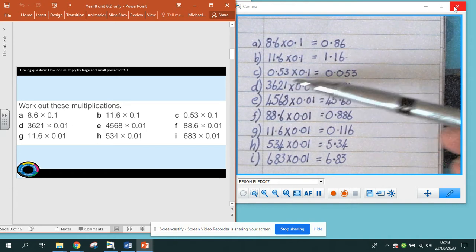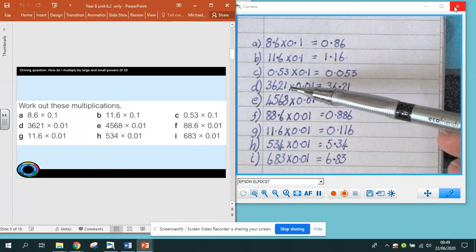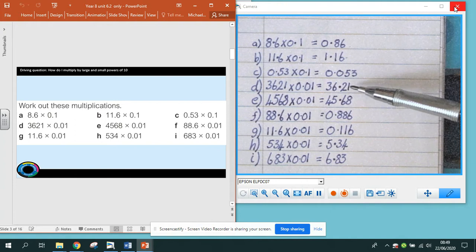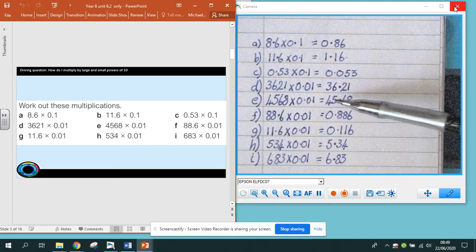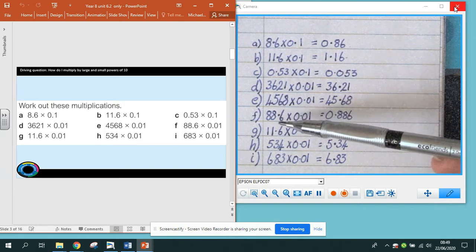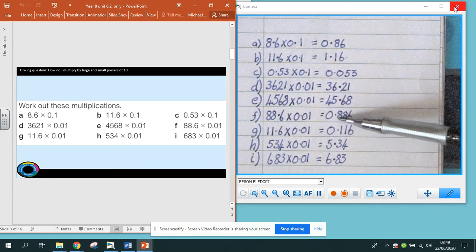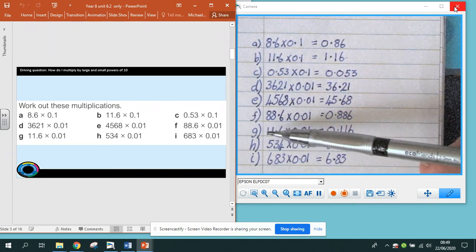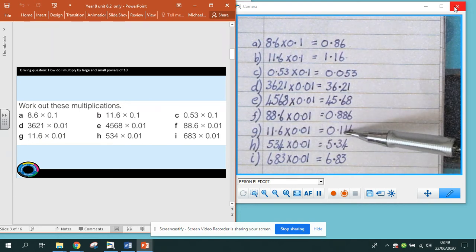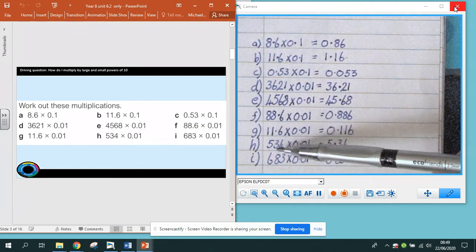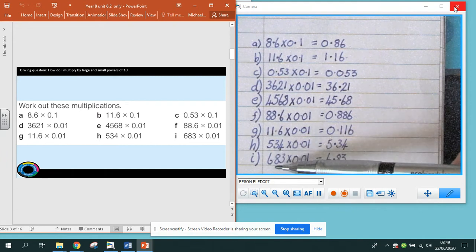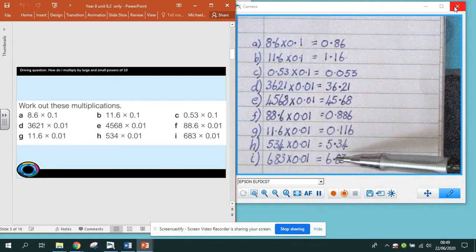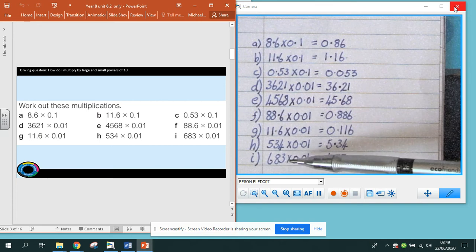So 3,621 becomes 36.21. 4,568 becomes 45.68. 88.6 becomes 0.886. 11.6 becomes 0.116. 534 becomes 5.34. And 683, my mistake, becomes 6.83.